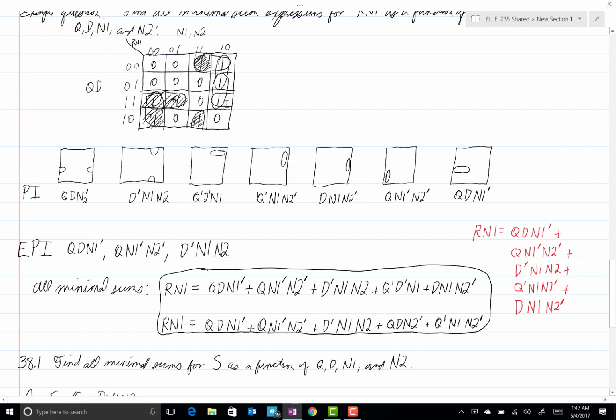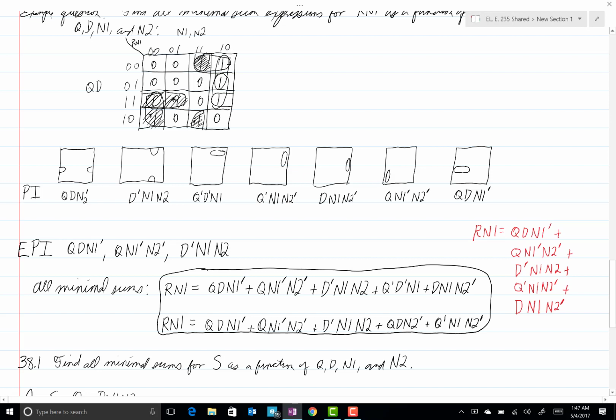So that's this term, and this term is that prime implicant that is formed from these elements on these opposite edges. So again, it's this term and this term, and then the Q prime N1 N2 prime, as you can see right here, that's these two terms.